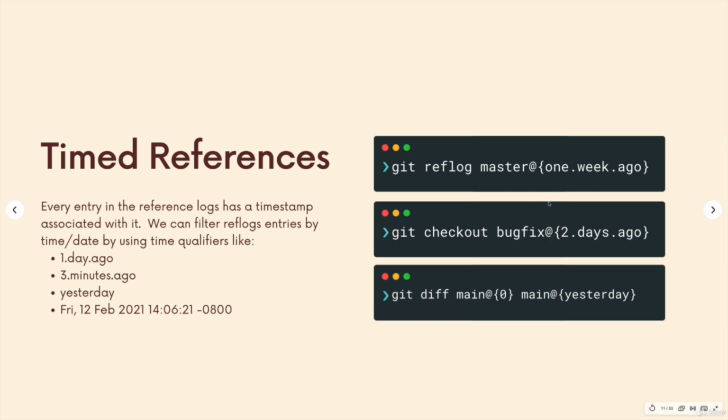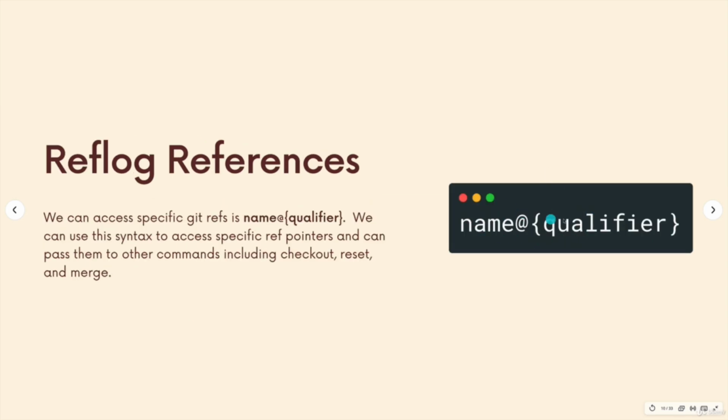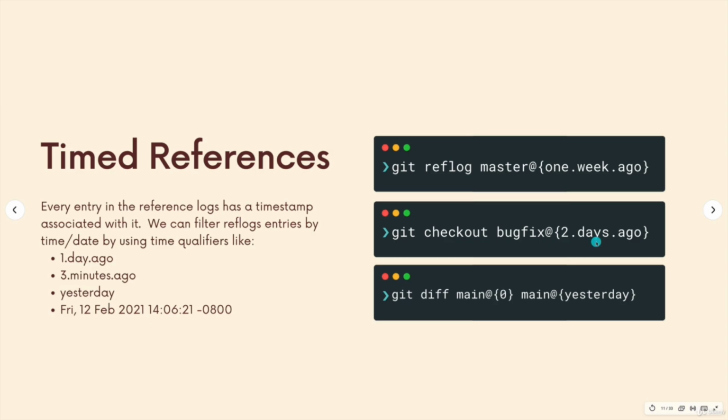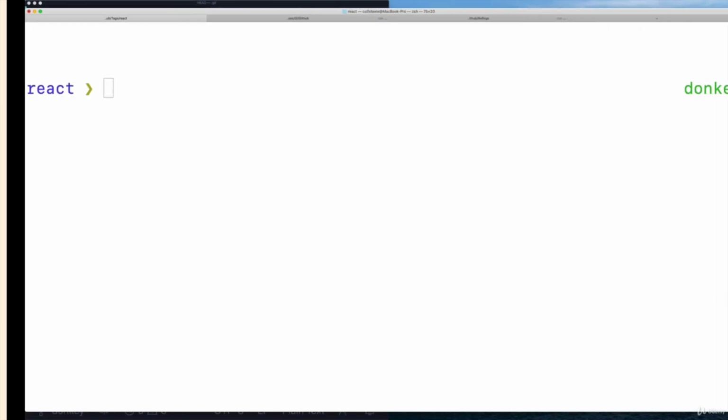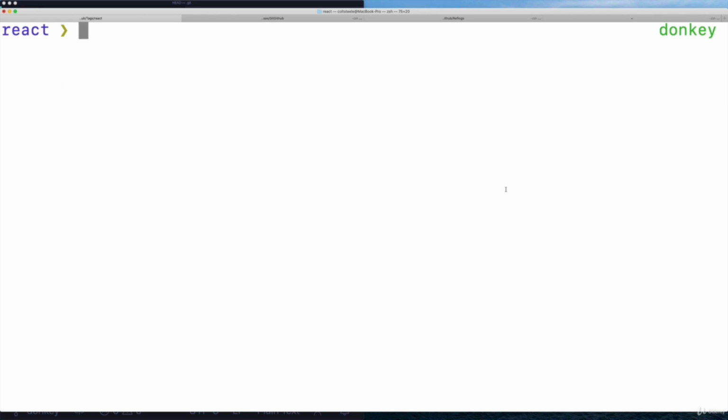Okay? So I can use this syntax in place of, and it's the same syntax, what we've seen here, where qualifier is just a timed qualifier, and this definitely can be useful. Sometimes, if I want to just compare what something looked like, let's just take the master branch right now, today, compared to what it was yesterday.